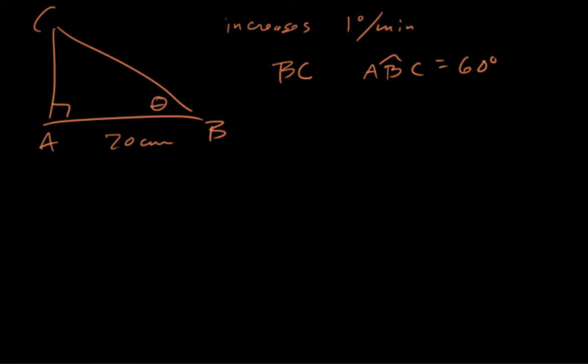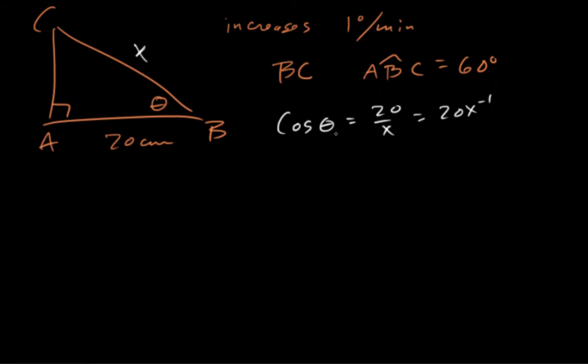Okay. So we're going to call ABC theta, and we're going to call BC x. So we can use trig. We have adjacent over hypotenuse. So cosine theta is equal to 20 over x, which we can write as 20x to the negative 1, which is going to help us take the derivative.